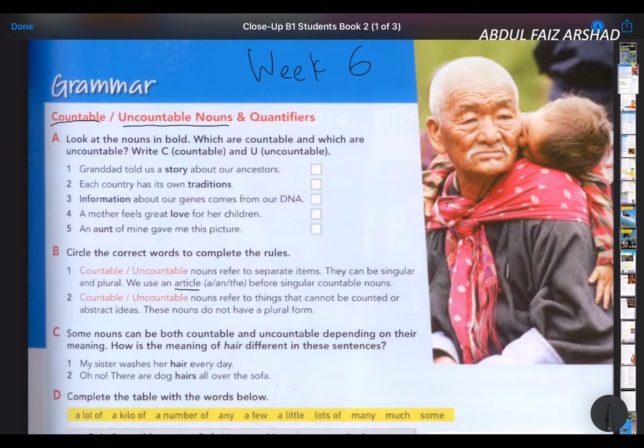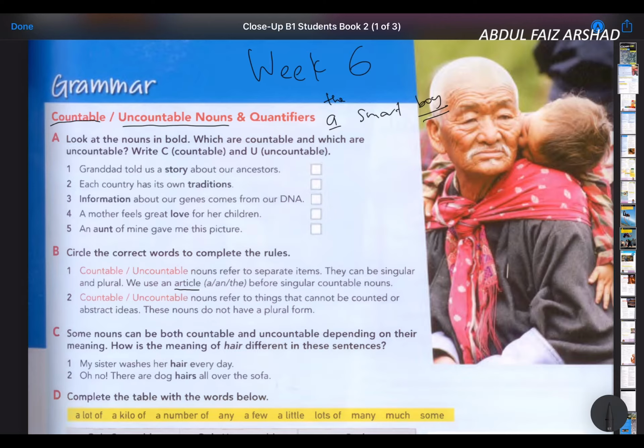For example, a smart boy. Boy is a countable noun and there's only one, so you need to have a in front of it. If you are talking about a particular boy, then you should use the smart boy.